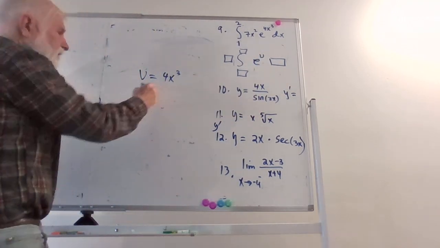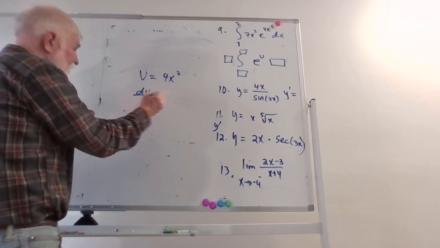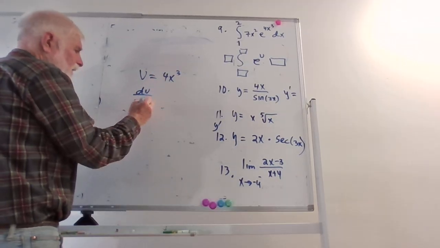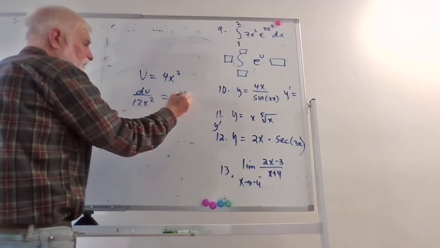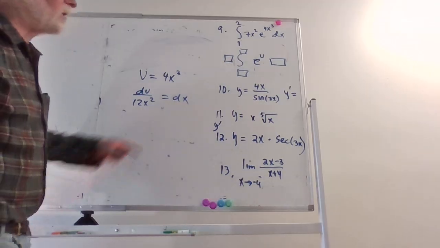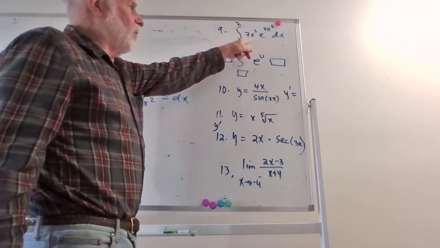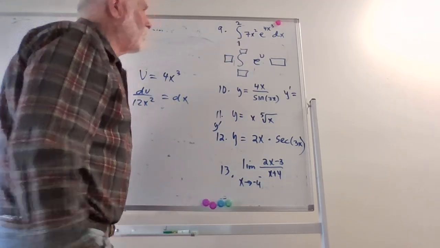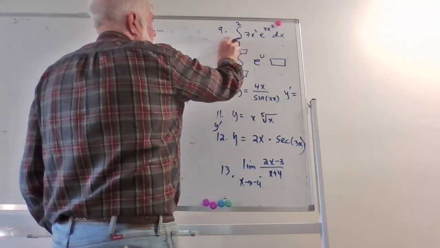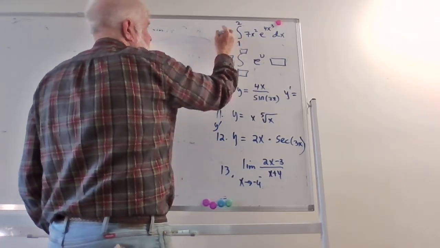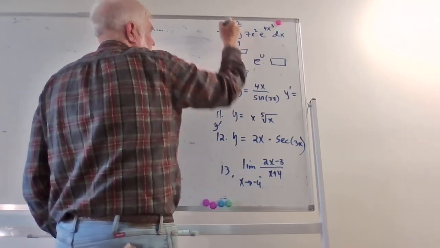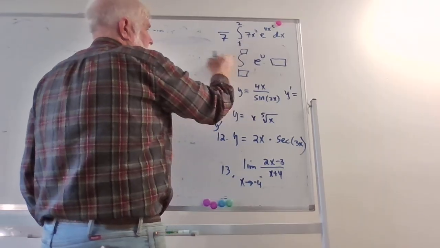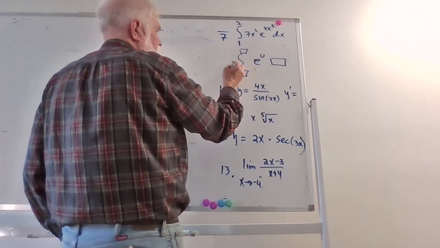And I know that du is 12x squared dx, so I want 12x squared. I don't want 7x squared, so I'm going to have to get rid of the 7 and bring in a 12.